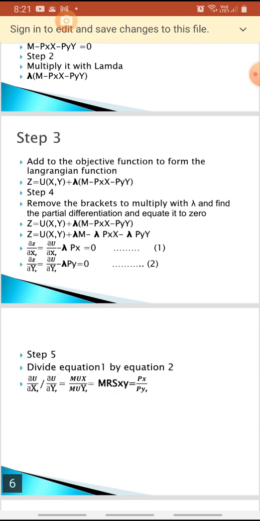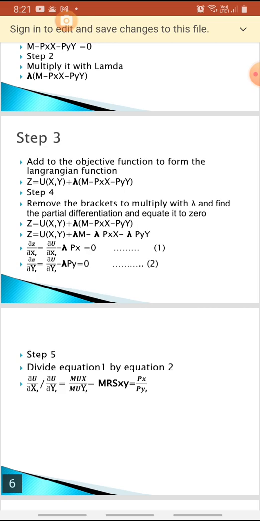The objective function is u is equal to u of x, y. Here we have to add the objective function with the constraint to form a Lagrangian function. So z is equal to u of x, y plus lambda times m minus Px x minus Py y.